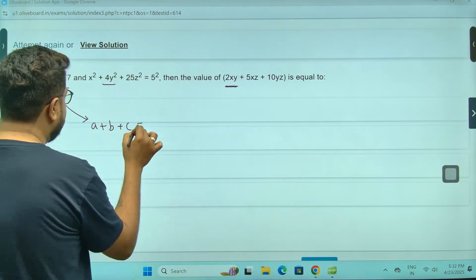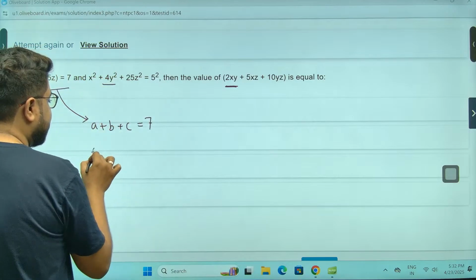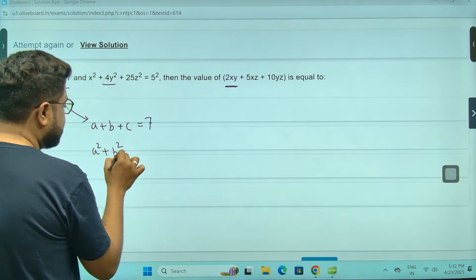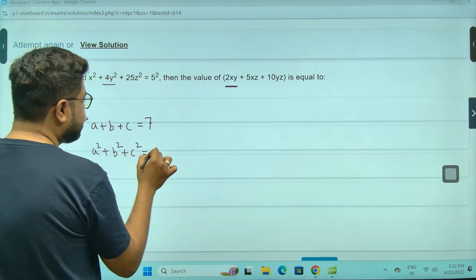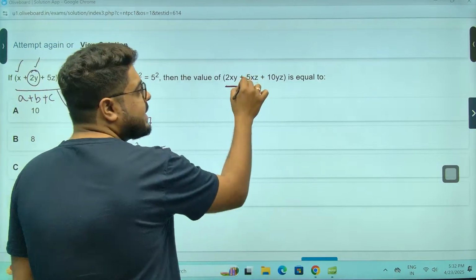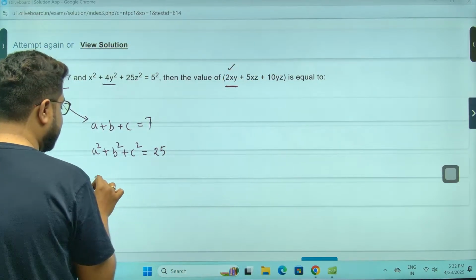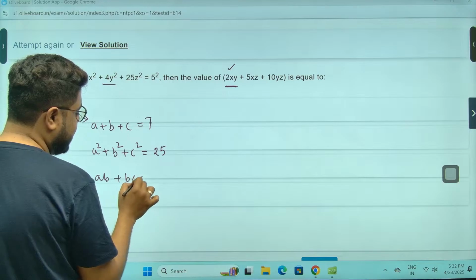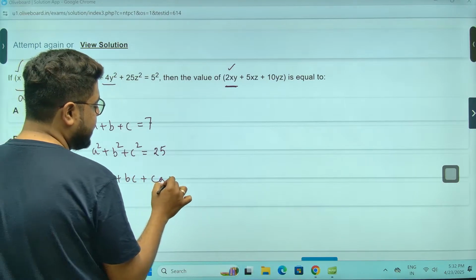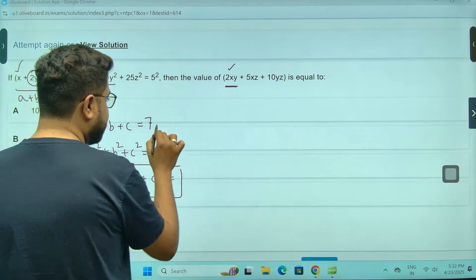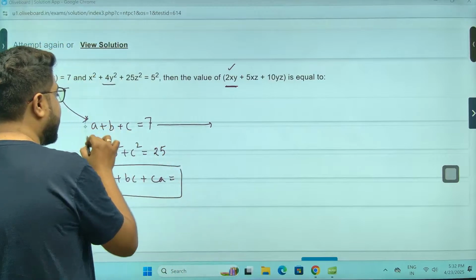So A plus B plus C is 7. A square plus B square plus C square is 5 square, 25. They are asking for AB plus BC plus CA. That is the value they are asking. From here, just square the whole thing.